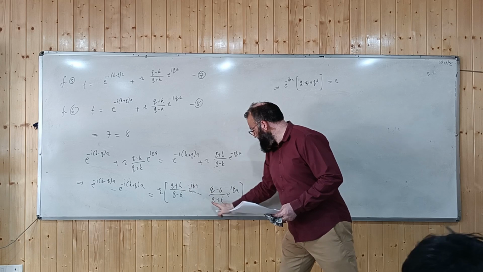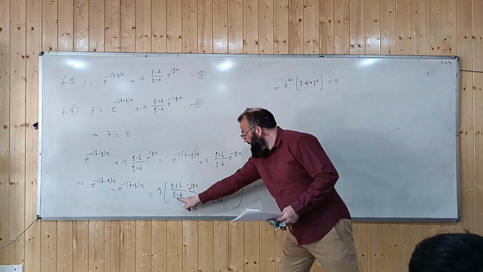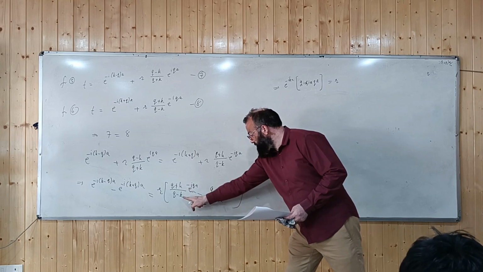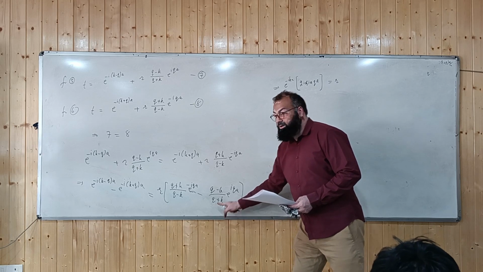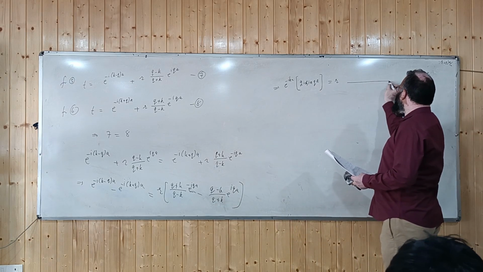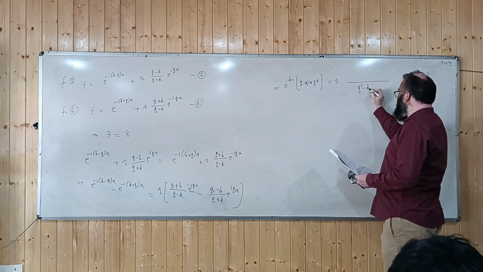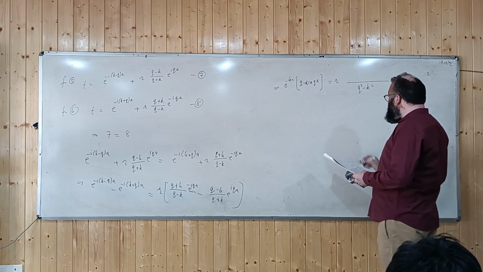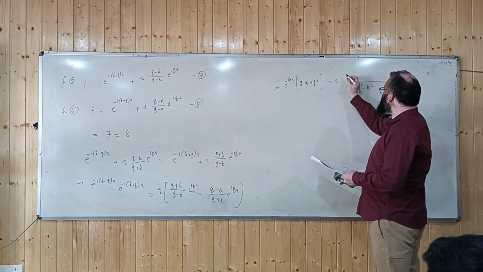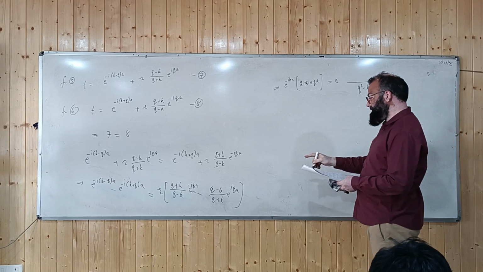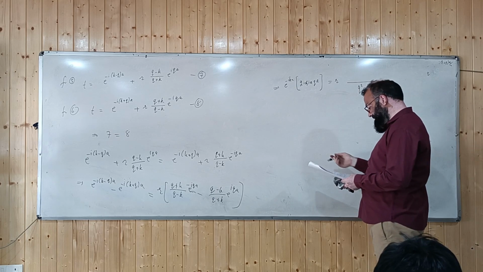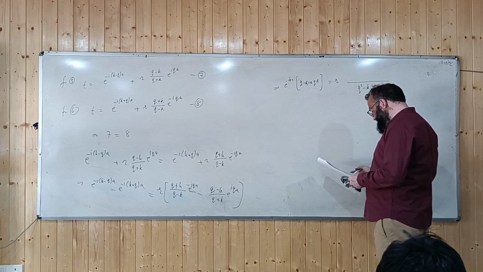So (Q plus K) into this thing will be squared, divided by Q square minus K square. Got it? So I'll write it in the denominator. What do you have? Q square minus this thing. So you have Q square plus this, do it, right? So can you do it?